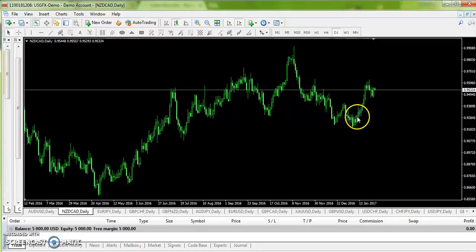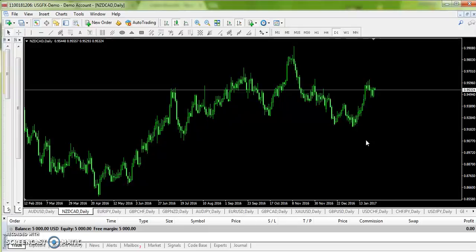That low point must be breached over to this point. So after breaching that level, if it has occurred, then the market would have a new high that would be called the lower high. My stop loss would be there, right?